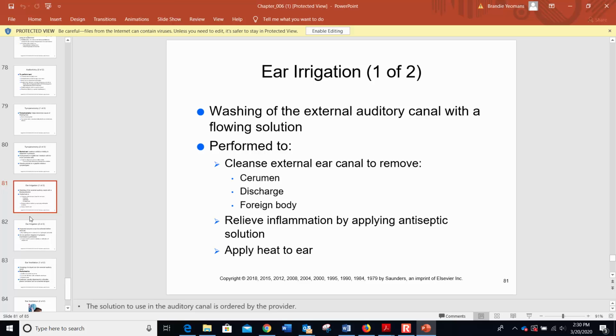Typically it's a saline or a saline combination with maybe some peroxide in there, just to remove that cerumen or an impaction that's in there, clean out that auditory canal. Maybe we're trying to get a foreign body out, or to relieve some of the inflammation that's in there. So we're going to clean that out. So these are the reasons why we would do that.